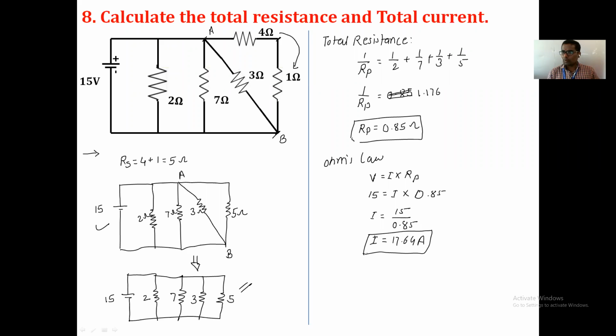Get it? If you have any doubt, you can raise that doubt. Otherwise, you can note down this answer. And once you write the complete answer, write me a message in the chat box.